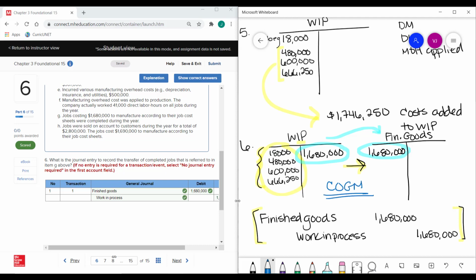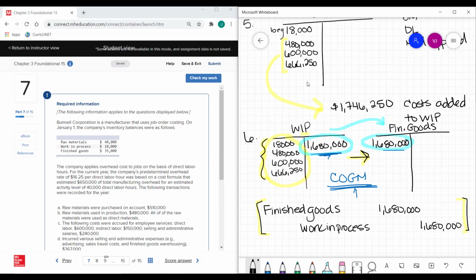Okay, so if there's a question that asks you, what's the cost of goods manufactured this period? You're simply going to look at, okay, what's the cost of the jobs we finished? That's the cost of goods manufactured. In other words, the cost moved out of work in process into finished goods. Okay, on to the next one.